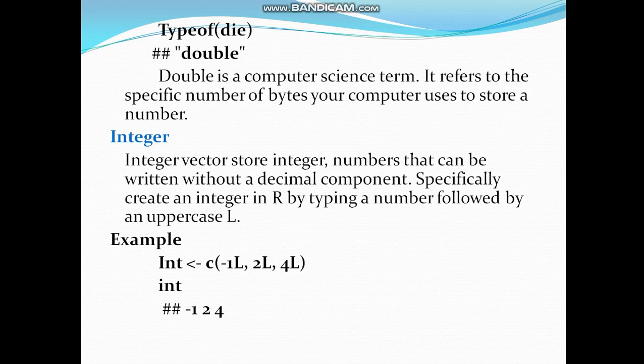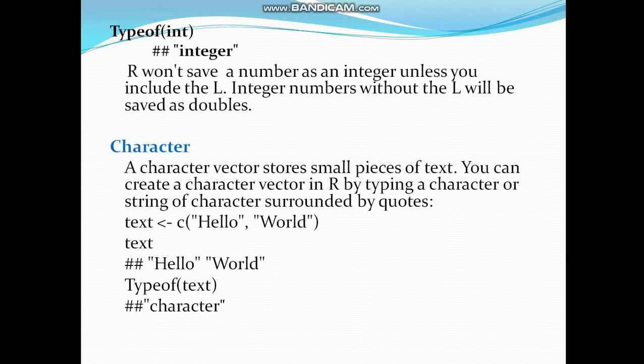Specifically, create an integer in R by typing a number followed by an uppercase L. Example, int refers to the vector c of -1L, 2L, 4L. Int returns the values -1, 2, 4, which are integer numeric values. So we can check that the value is integer or not using the typeof function.